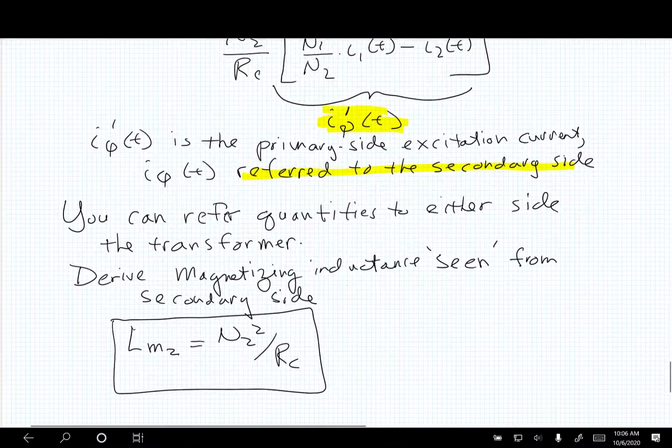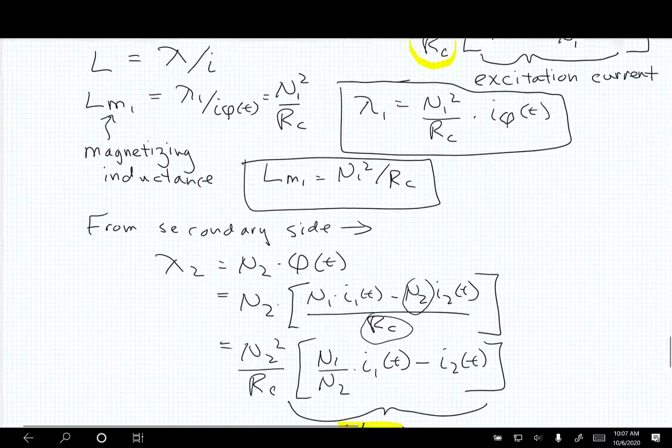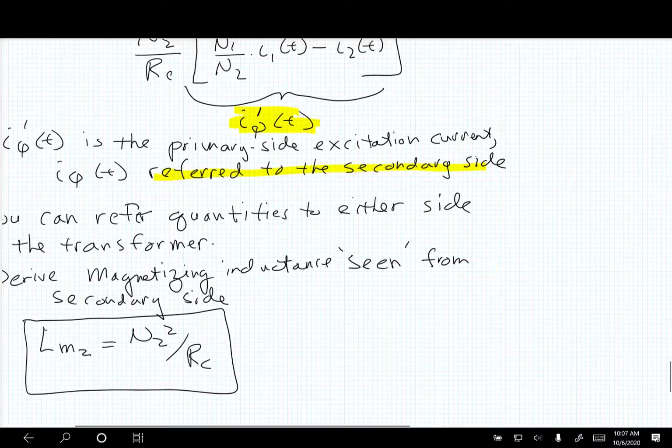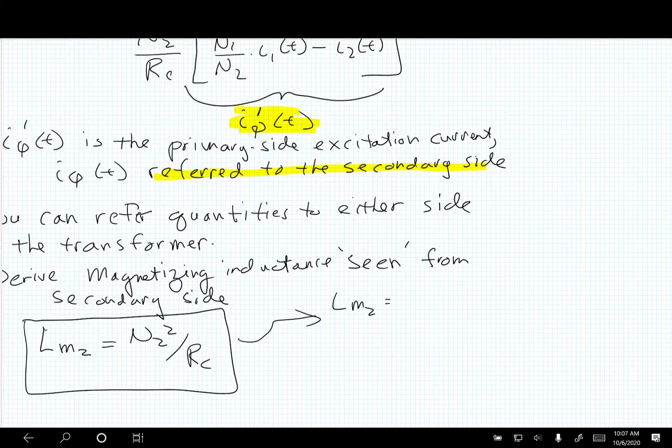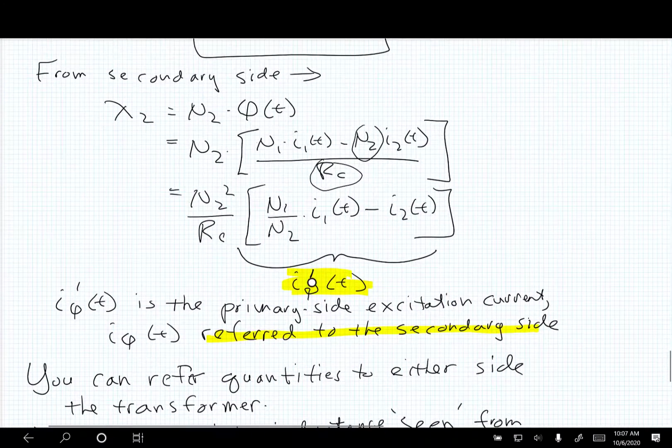Basically, go through the same exercise that I went through before, essentially saying that Lm2 is equal to the lambda 2, which I found right here.